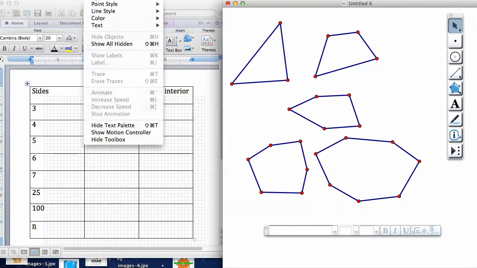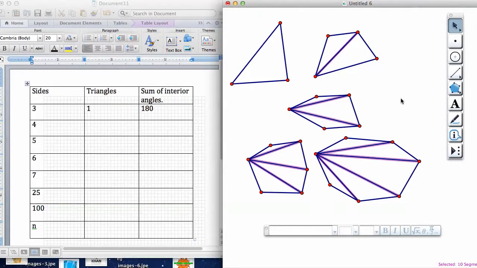When I make a diagonal, magically triangles appear. And when triangles appear, we can use the same characteristic of our single triangle to find the interior angle measure of all of these, and thus we can find the sum of all the interior angles.